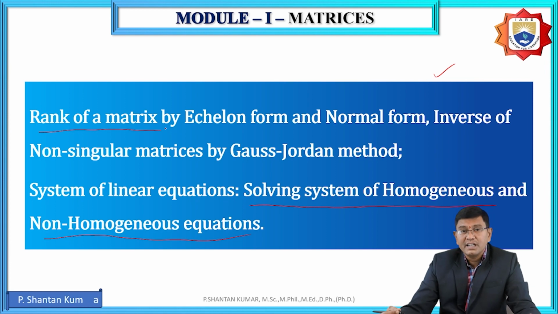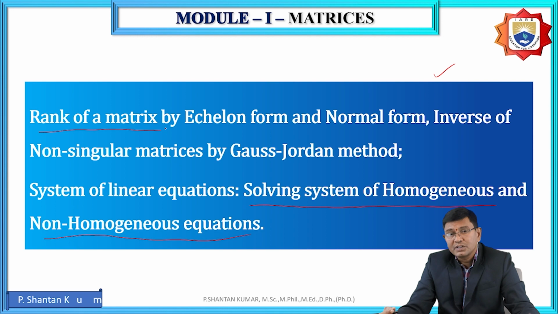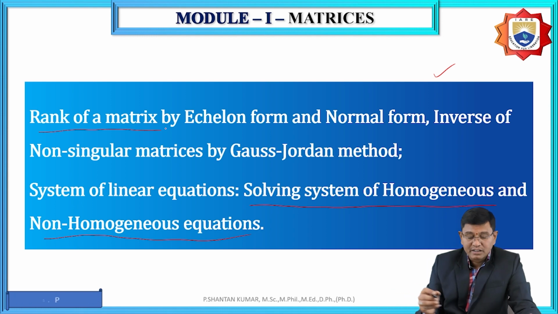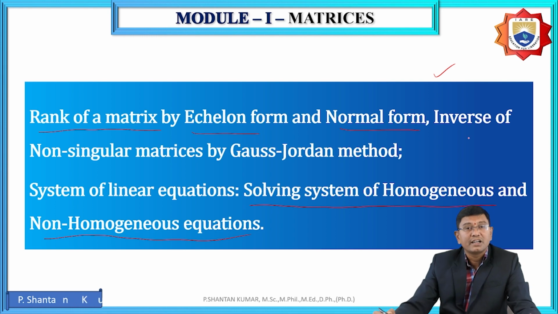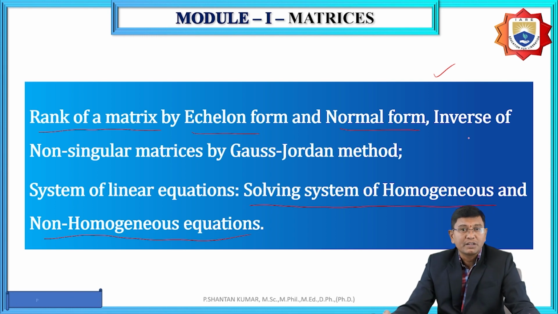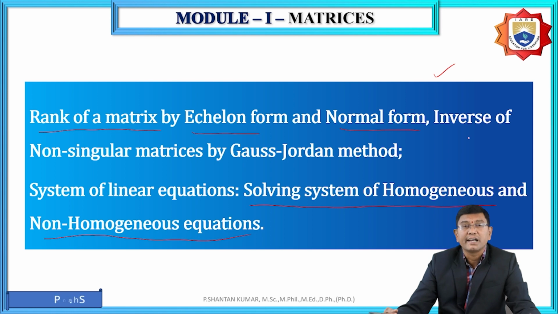That means we first discuss elementary operations, and after that the echelon form and the normal form, and the inverse of non-singular matrices using the Gauss-Jordan method. For finding the rank of a matrix, we are going to discuss three methods: the determinant of a matrix, the echelon form, and the normal form.